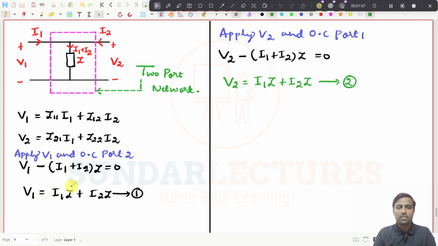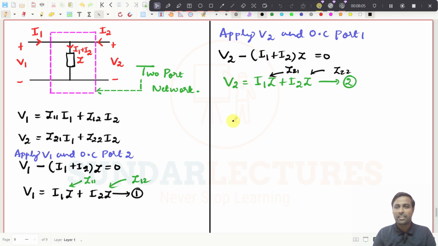What is this one? This is Z11, and this is Z12. What is this one? Z21, and this value will be Z22, right?